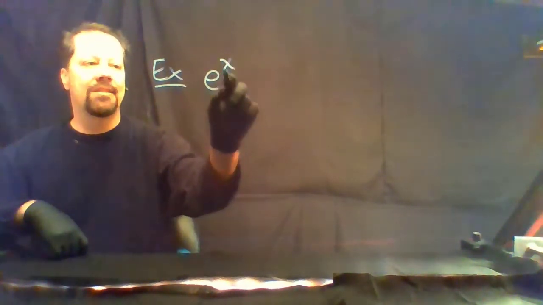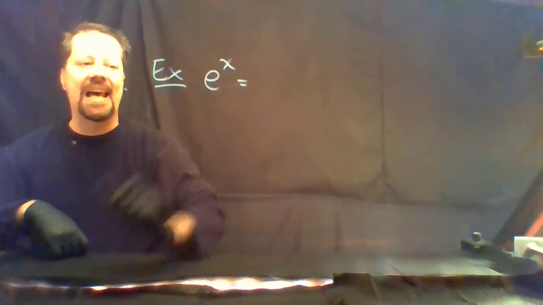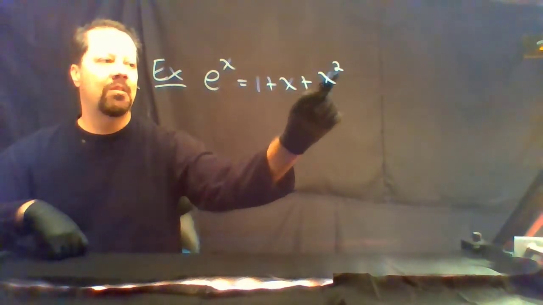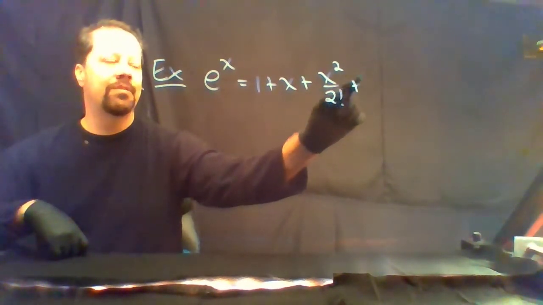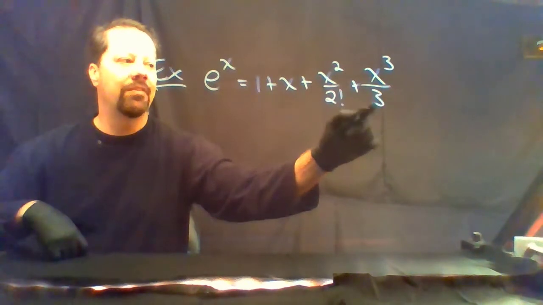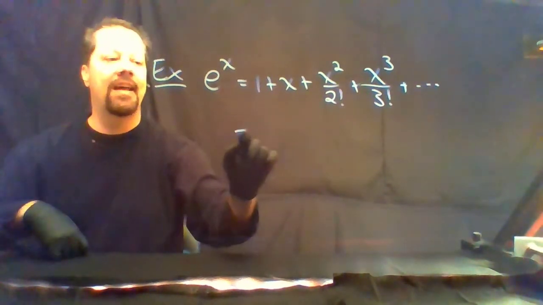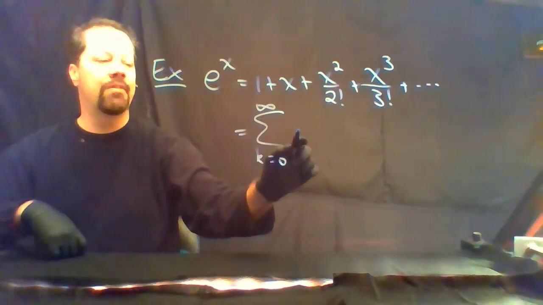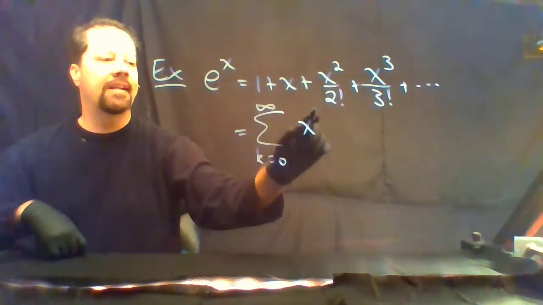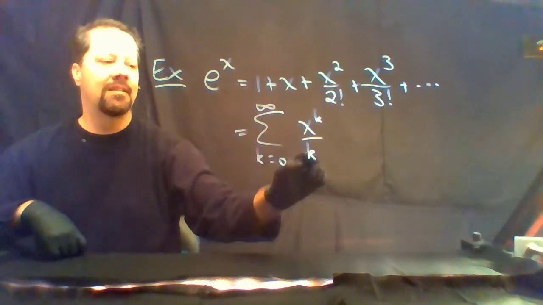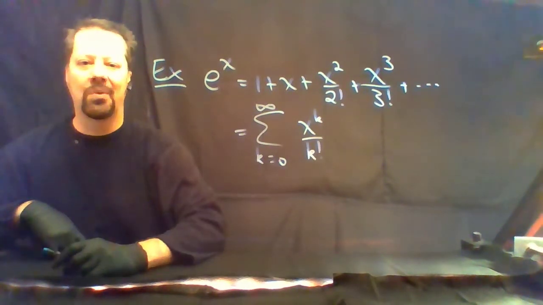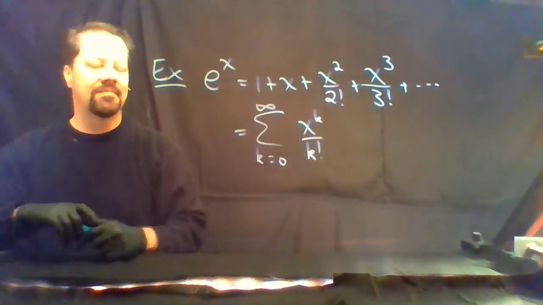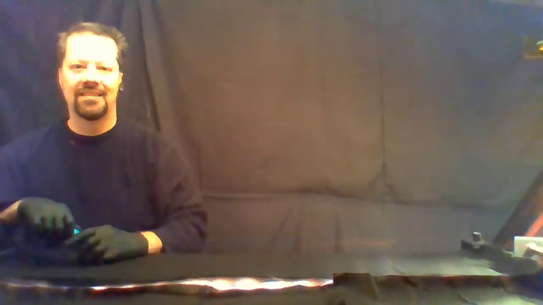A famous Maclaurin series is that for e to the x, which is 1 plus x plus x squared over 2 factorial plus x cubed over 3 factorial and so on, and that can be expressed as the sum as k goes from 0 to infinity of x to the power k divided by k factorial. You need to remember this.